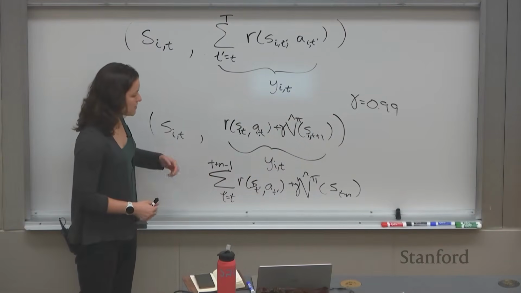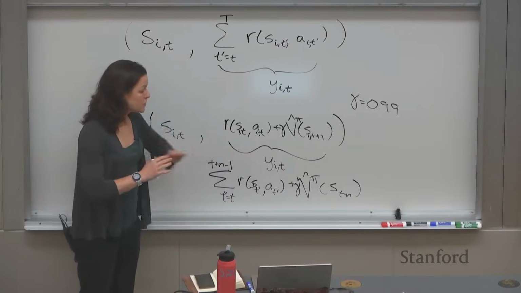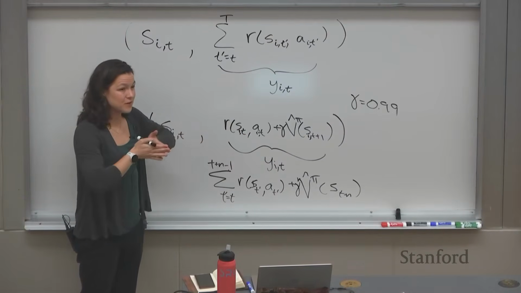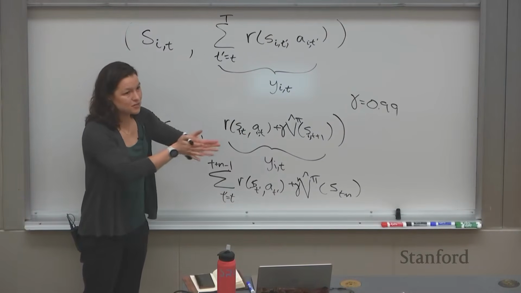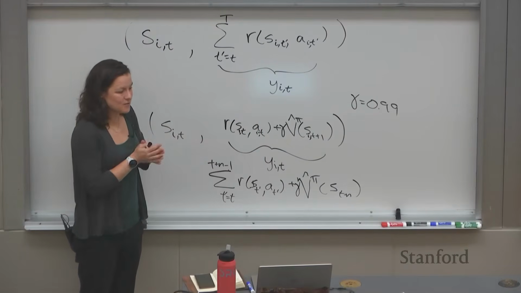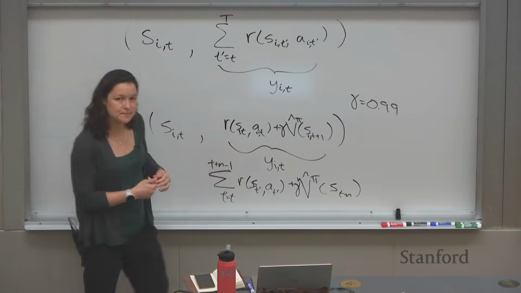It's more a factor of how far in the future you're looking ahead in terms of the rewards, and how much the variance is increasing. If the variance increases somewhat slowly, then you can look further ahead in the future. If it increases very, very quickly, then you might want to use a smaller n.